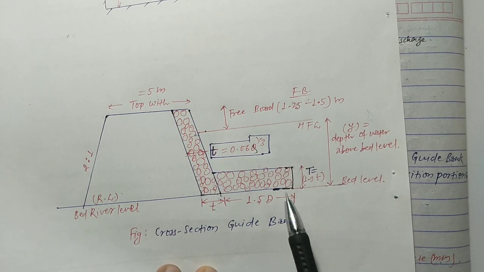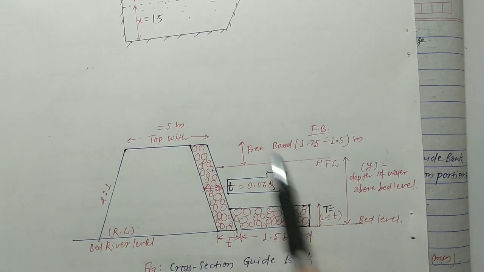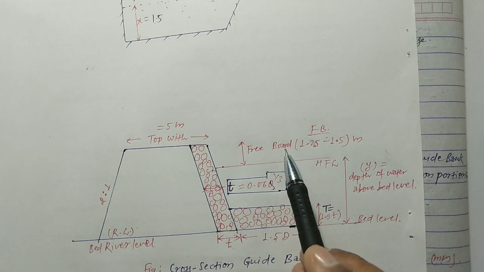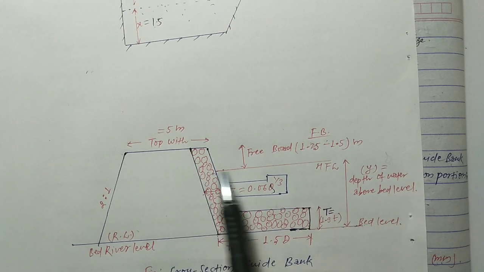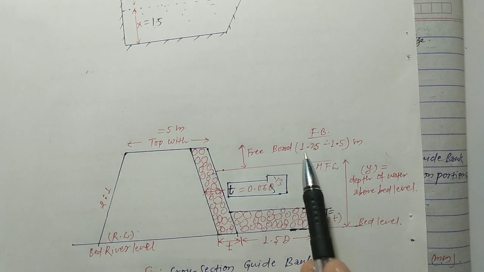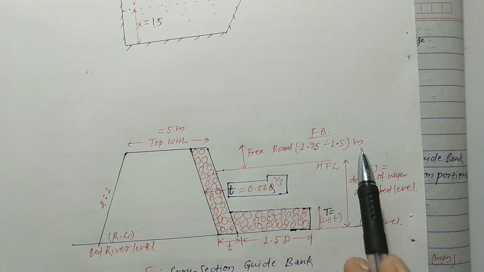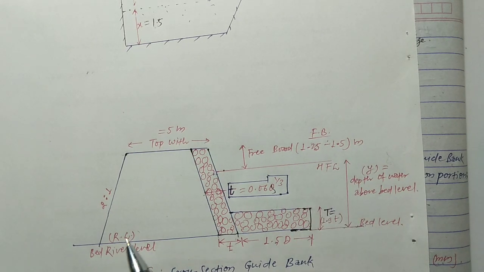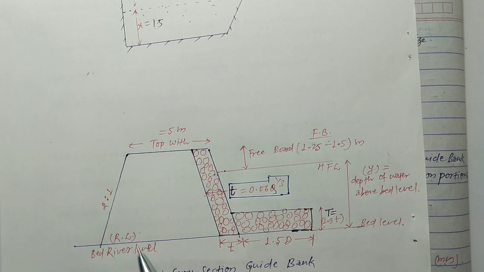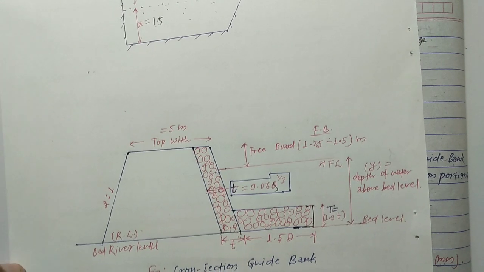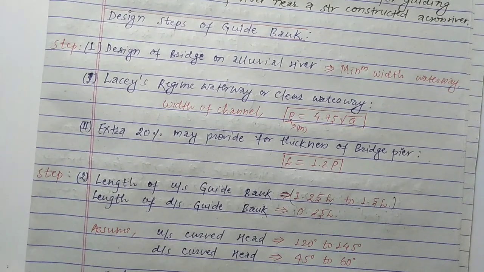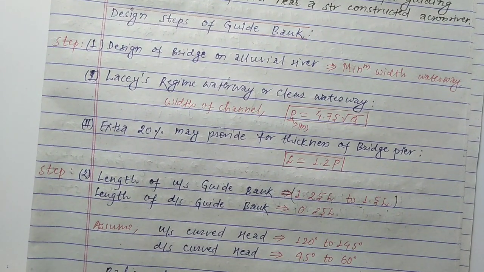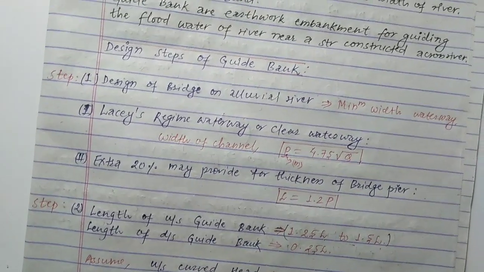We already discussed the different parameters, and this is the freeboard from HFL, high flood level, to the top width. We simply provide 1.25 to 1.5 meter as we discussed, and this is the RL, you can say riverbed level. With the help of these four design criteria, we can simply design the guide bank, simply you can say bell bund.